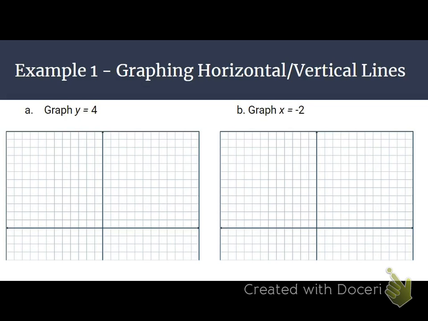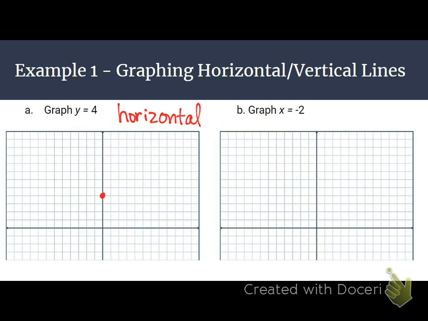Is this going to be a horizontal or vertical line? Horizontal. Y equals lines are always horizontal. So on the y-axis, because it's y equals, we're going to put a point at 4: 1, 2, 3, 4.